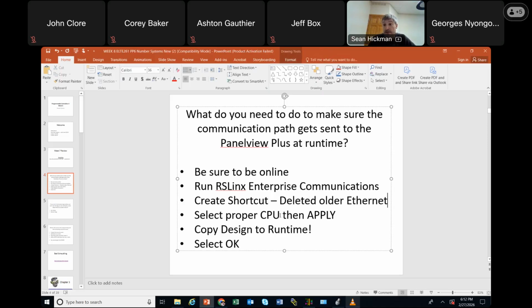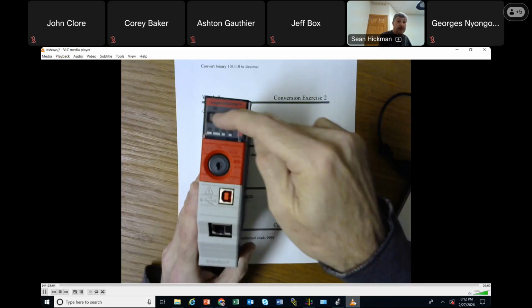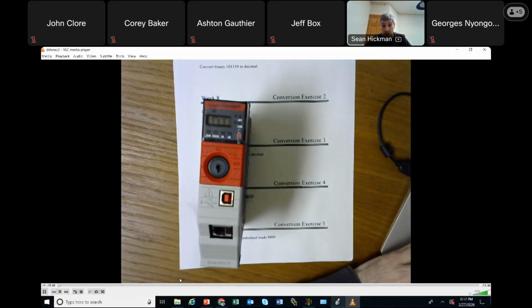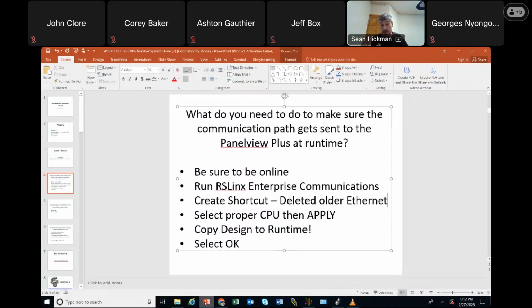It should say your lab name on it, right? And remember, it scrolls across the CPU right here, whatever your name is. So be sure that you are picking your lab, you're online, and copy to runtime. You got to hit apply, click copy to runtime, click OK, and then it should be there. You might have to go back and run that again, even after you built that up. But if you go through this, it seems to come through.